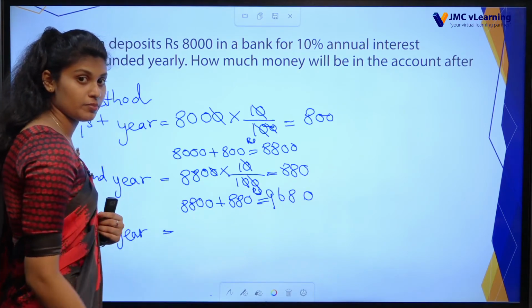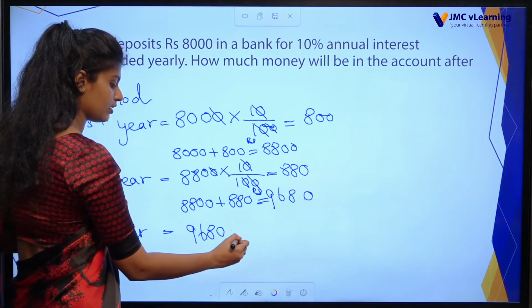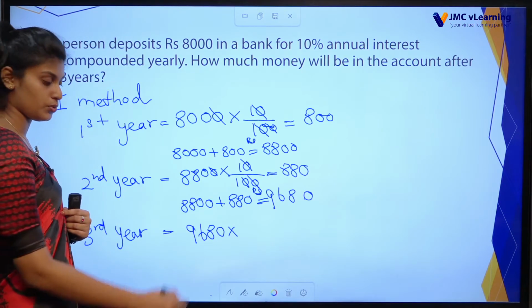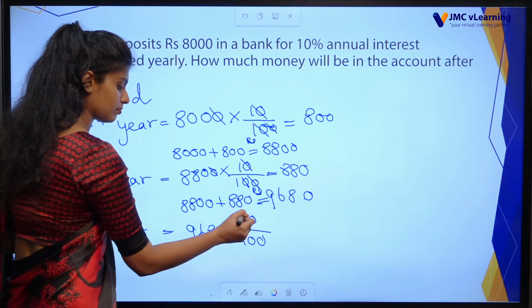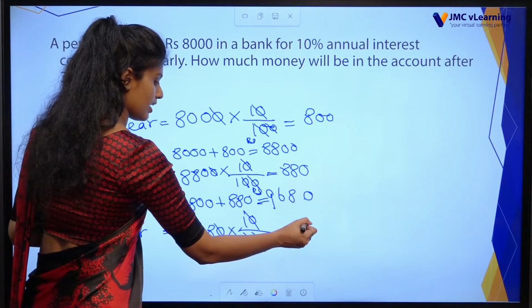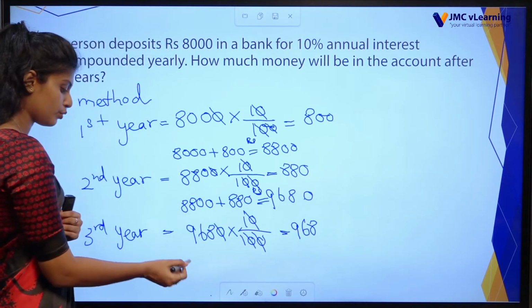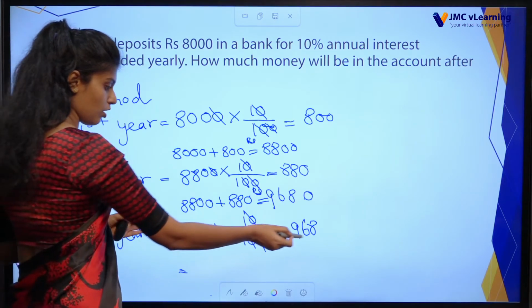Then in the third year, the amount in the bank is 9,680. To calculate the interest on this amount, multiply by 10%. Simplify this one. The interest is 968. To take the final amount, you have to add these both.